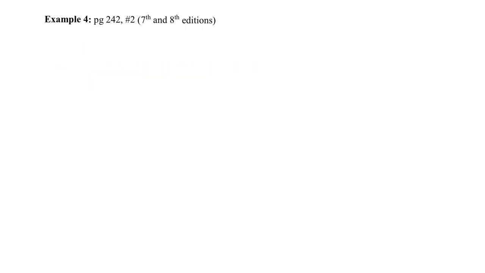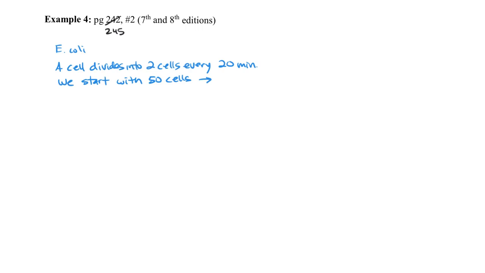Okay, so this means we start with 50 cells, so we could say y of 0 equals 50. And we'll use y of t equals y of 0 e to the kt.